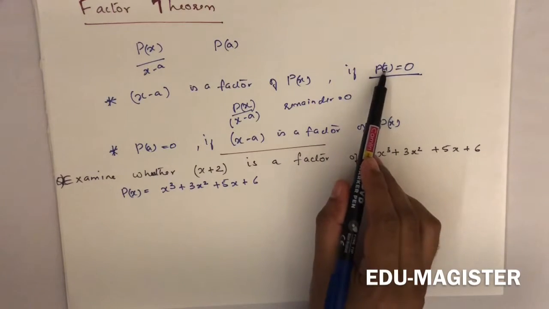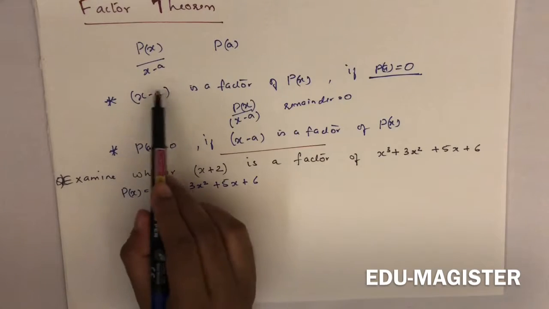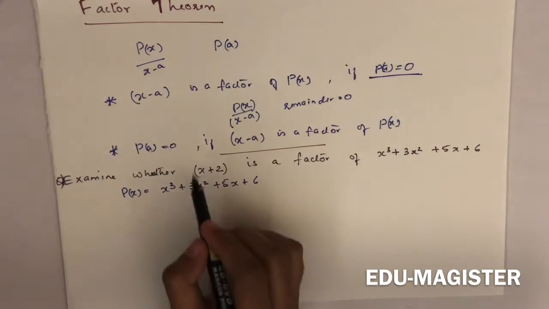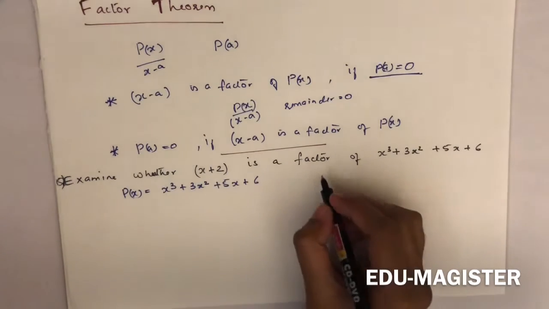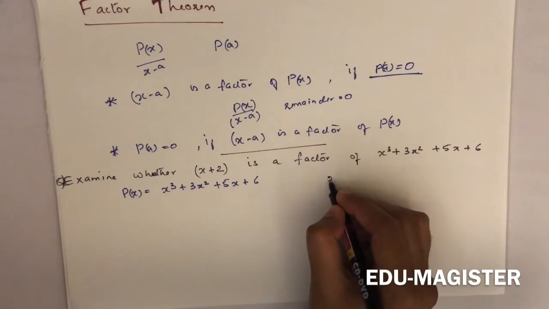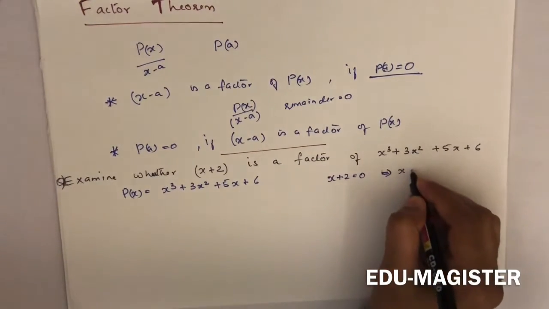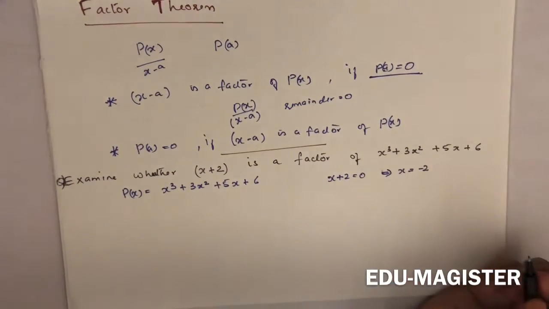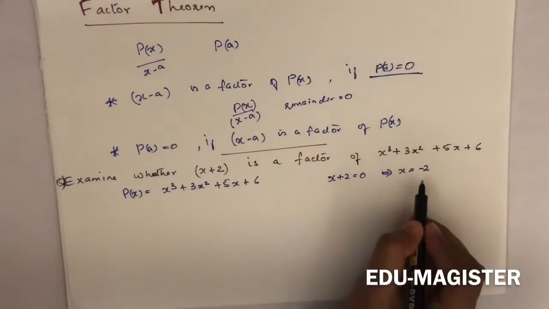Here a means the 0 of this polynomial x minus a. So first let's find the 0 of this polynomial x plus 2. It will be x plus 2 is equal to 0, which gives x is equal to minus 2. So the 0 of this polynomial x plus 2 is minus 2.